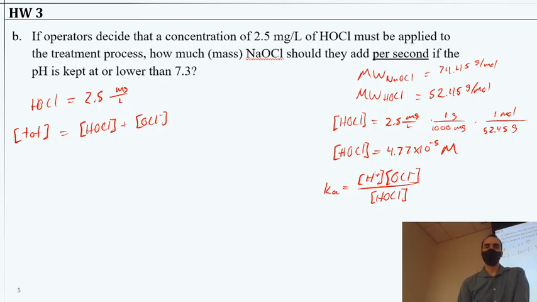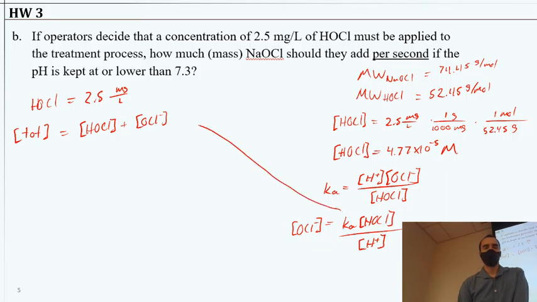So essentially I'm going to divide both sides by the H plus and multiply both sides by the HOCl. So we'll have OCl minus is equal to Ka times HOCl divided by H plus. And then we can substitute that here and put in the numbers.